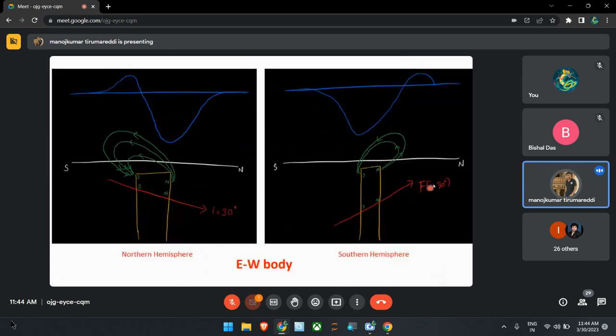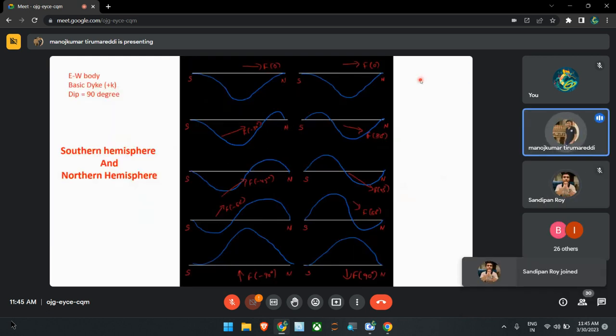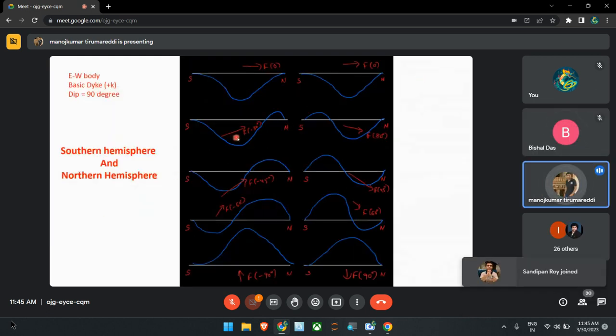Okay. If you go completely to the pole, we don't get any negative part, only this. If you compare both southern hemisphere anomalies and northern hemisphere anomalies at the equatorial region, both are the same at I equal to 0.